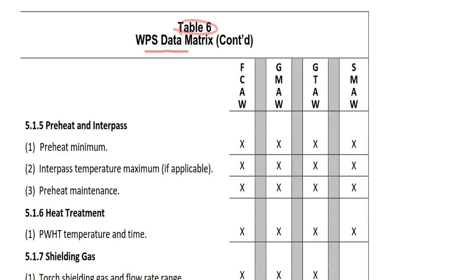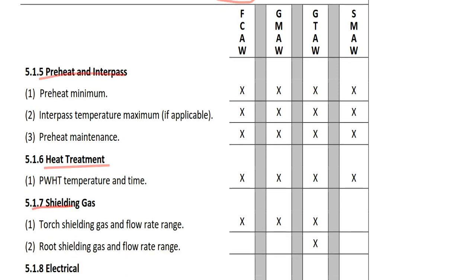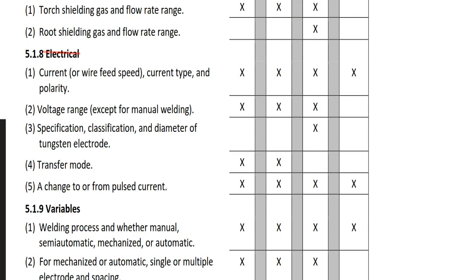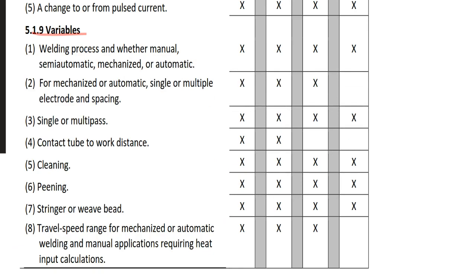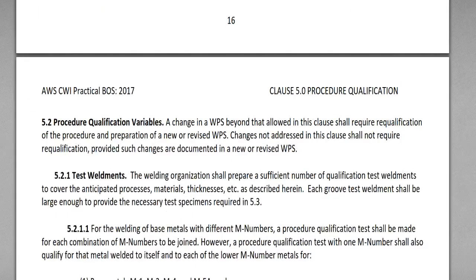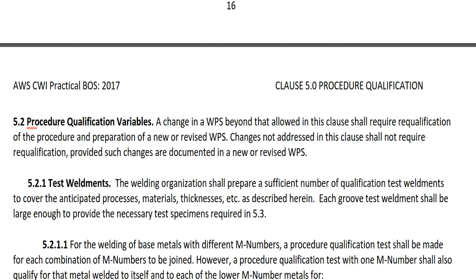Table 6, WPS data matrix continued: preheat, interpass, heat treatment, shielding gas, electrical, variable, and the end of this Table 6. And 5.2, Procedure Qualification Variables. A change in the WPS beyond that allowed in this clause shall require requalification of the procedure and preparation of a new or revised WPS.